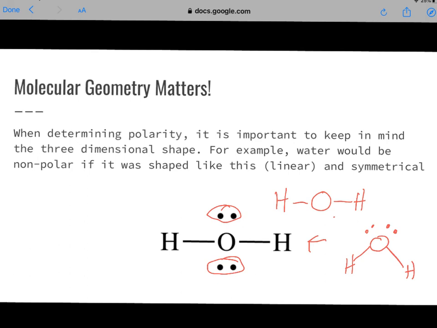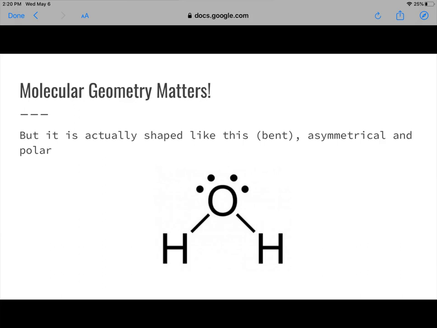These electrons repel other electrons, and these bonds are made of electrons. So these electrons essentially push away those bonds, and we get this bent shape for water instead of this straight line shape. And now with this bent shape, we do have two different sides. It's not a symmetrical molecule anymore. We have the top and we have the bottom.